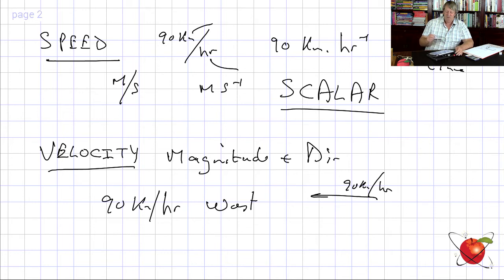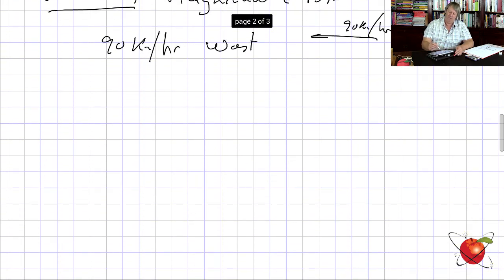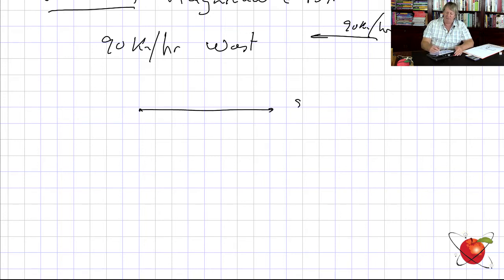Right? Where is this important? Well, it's important if you're flying an aeroplane. All right? Why? Well, let's say we are flying an aeroplane that way. And we're flying our aeroplane at 500 kilometers per hour. Now, we all know that at 30,000 feet, okay, there is wind. So we could have a wind blowing this way.